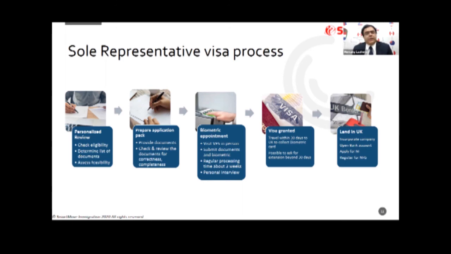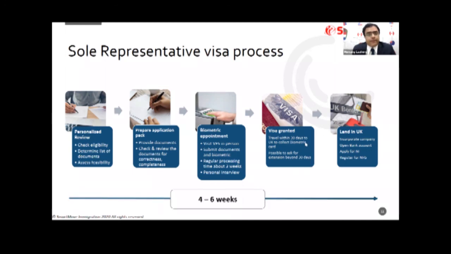All of that is included in the service that we offer to you, so that you don't have to worry about what do I do once I'm there in the UK? We also have our own office in London, and we are able to provide in-country support. We've helped clients find houses, find schools for their kids, and all of those areas as well. So literally it is a one-stop solution once you are getting into the UK.